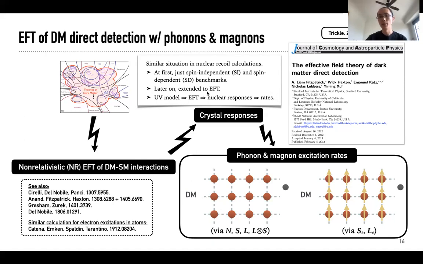After obtaining the EFT operators, you compute the nuclear response functions and then compute the rates. Here it's very similar, although we're dealing with crystal response functions rather than nuclear response functions. The overall strategy is exactly the same. If you're familiar with that story, it's useful to keep this analogy in mind as we move on.